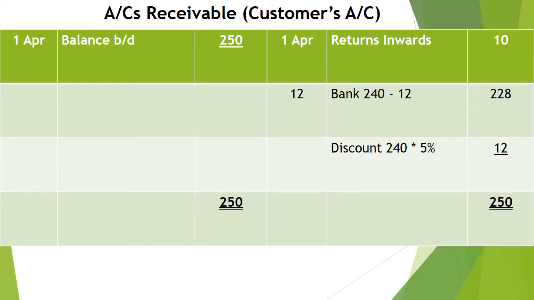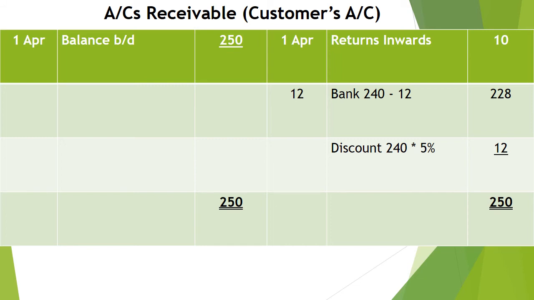He has made payment of 240 after deducting 5% discount. Because after deducting 10 pounds, that was return inwards, sales return, 240 was the balance of the customer.